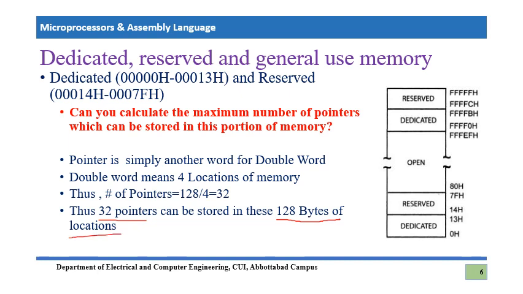And what are we referring to by this part of the memory, from dedicated to reserved, or from 0 hex to 7F hex? We dealt with that separately in the previous slides, but right now we are just trying to summarize the whole stuff. So at maximum 128 bytes and 32 pointers can be stored within these 128 bytes of information.